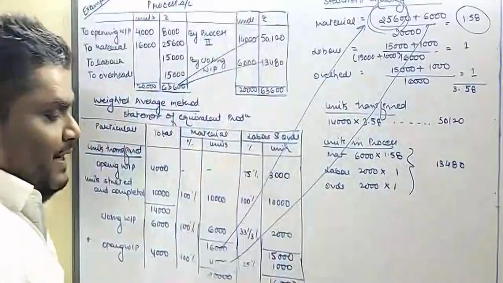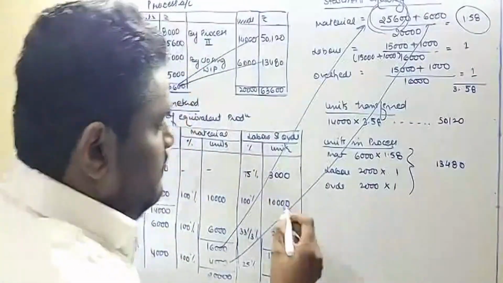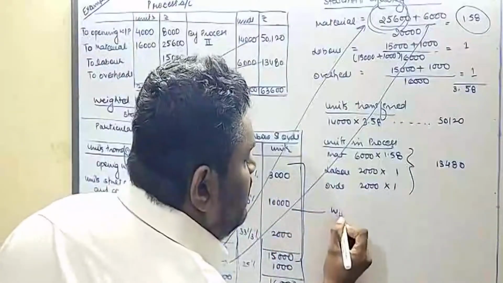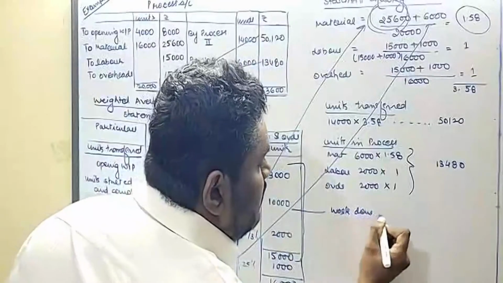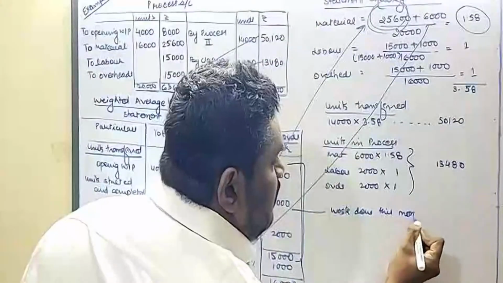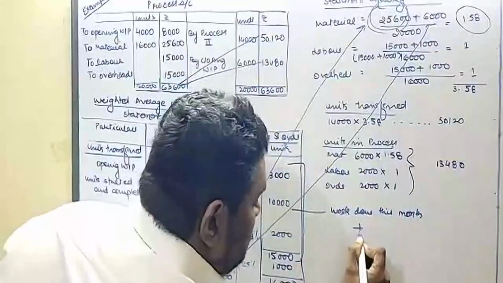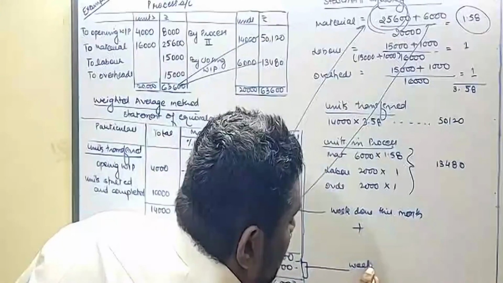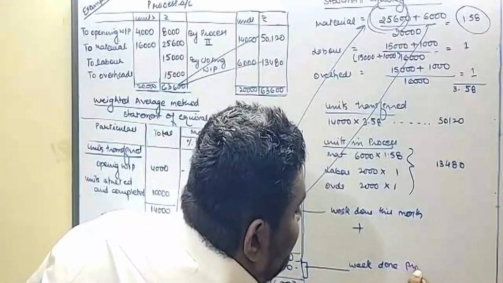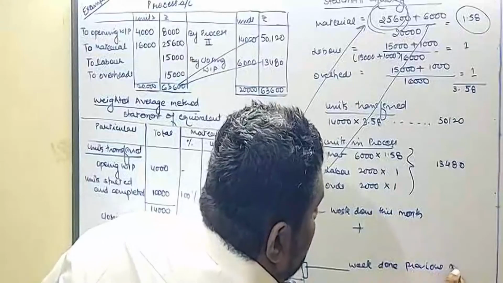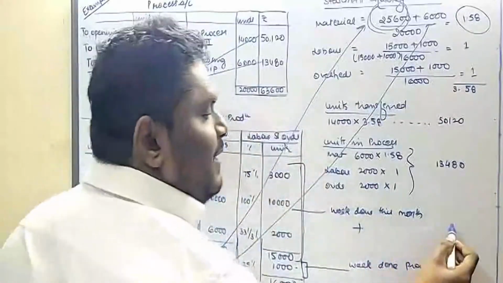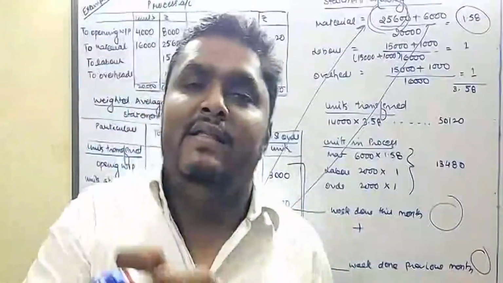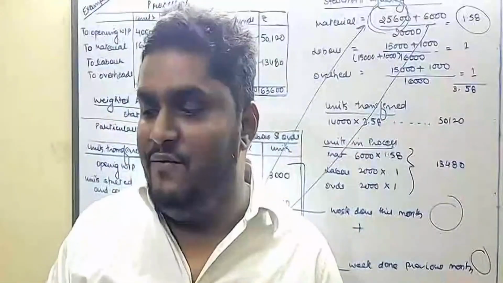This part represents the work done this month, plus this part represents the work done in the previous month. That's why we take the cost of this month plus the cost of the previous month, divided by the units of this month plus the units of the previous month.